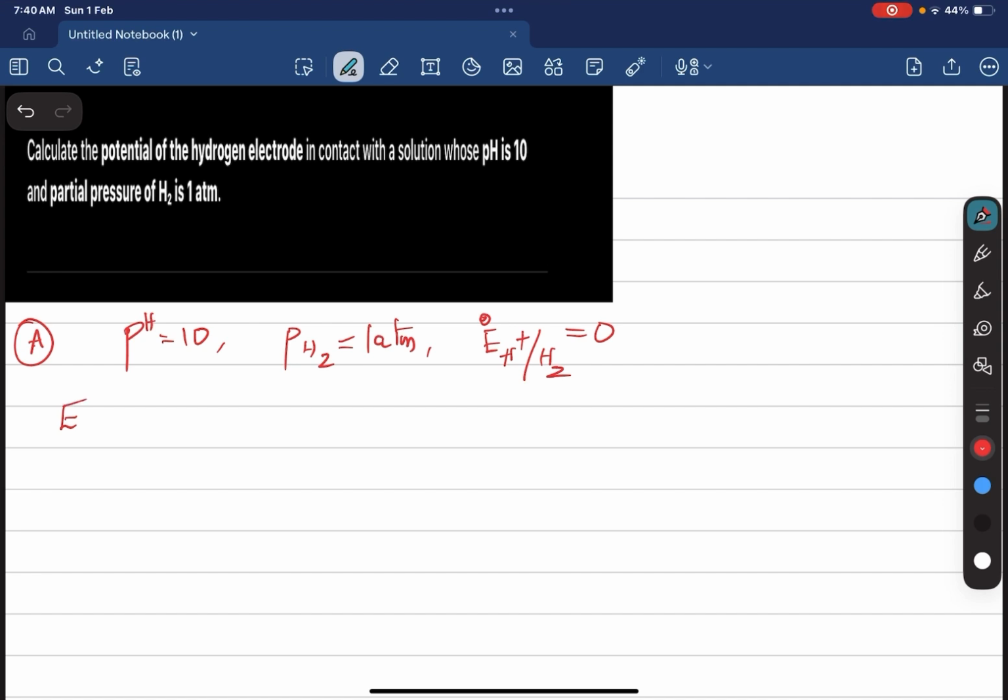Nernst equation: E cell equals E naught cell minus 0.0591 by n log 1 by H plus, because in this case we can write H plus plus electrons gives rise to H2.